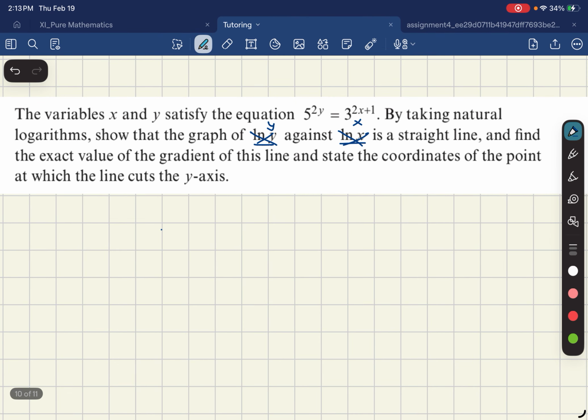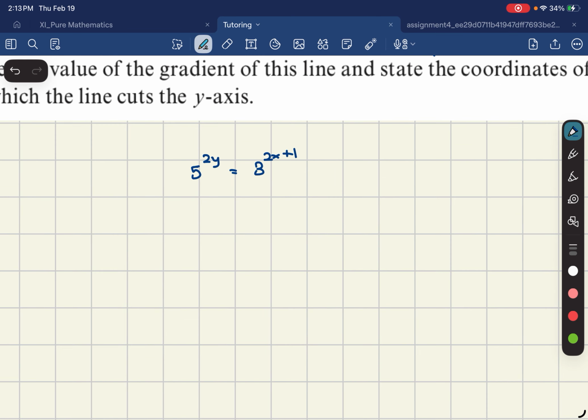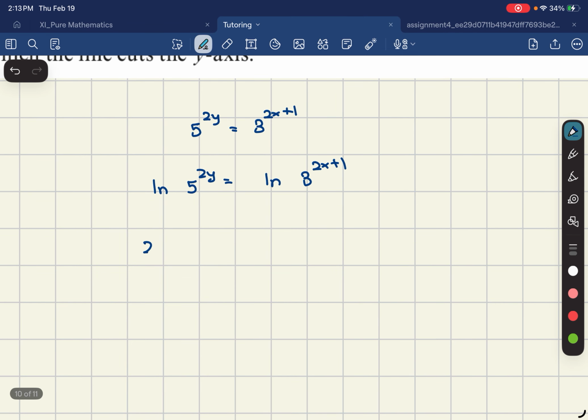So let's say 5^(2y) is equal to 3^(2x+1). And we can take the natural log of both sides. This gives us ln 5^(2y) = ln 3^(2x+1). So 2y ln 5 is going to be (2x+1) ln 3.